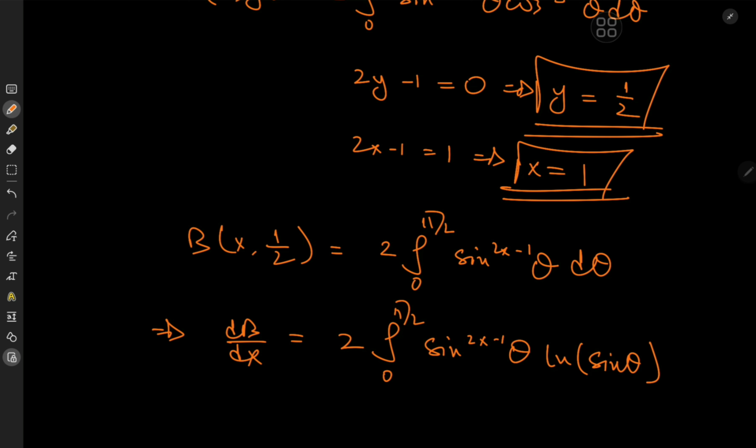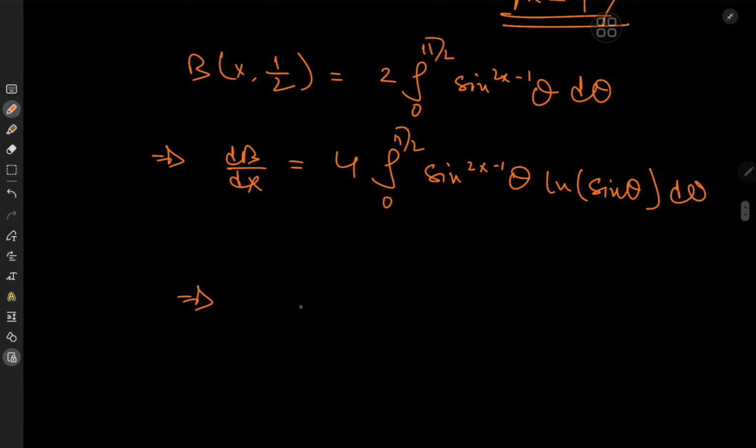And of course, because of the chain rule, we need the derivative of 2x minus 1, which is just a 2, which means this is 4 times the integral. So that implies that I here, the target integral, is a quarter of d beta over dx evaluated at x equal to 1.